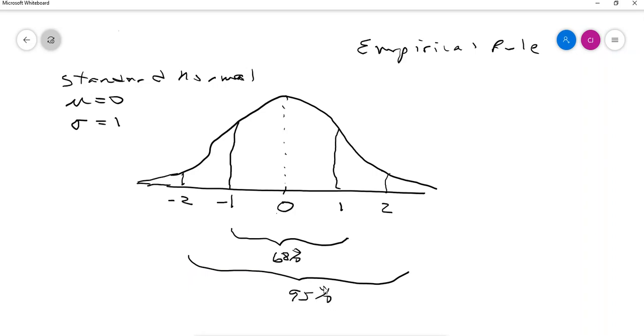Wow, that's almost all of it. And that's how I knew earlier when we were talking about the TVs, how long they lasted. So I knew that roughly 95% of those TVs were going to last within 2 standard deviations, because it was basically normally distributed.